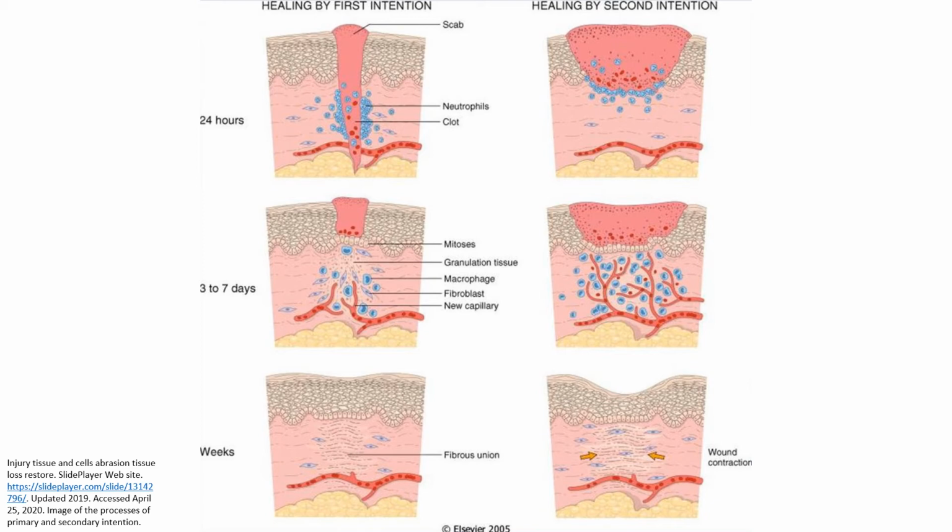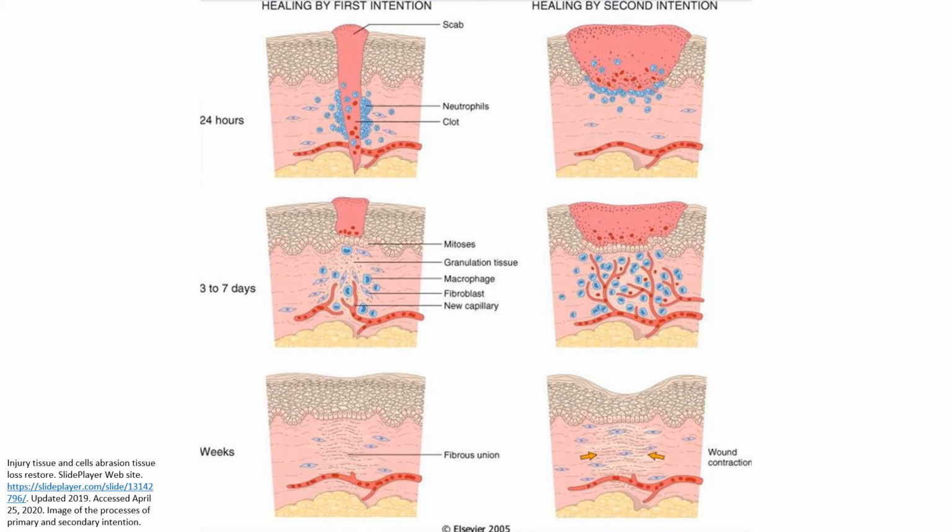Now, continuing on to weeks, now that several weeks have passed since the injury occurred, contact inhibition has allowed for the wound to be fully closed, as I mentioned earlier, and fibers of the extracellular matrix go from being in many directions to being organized.